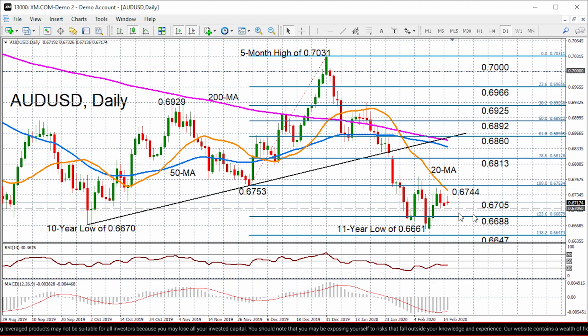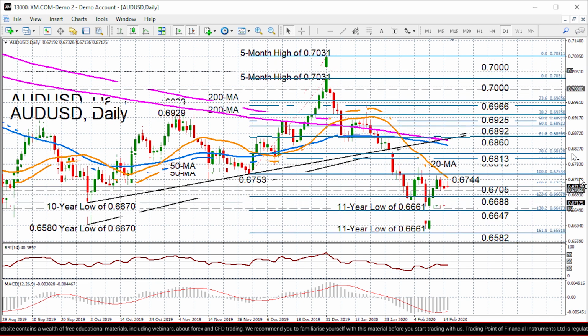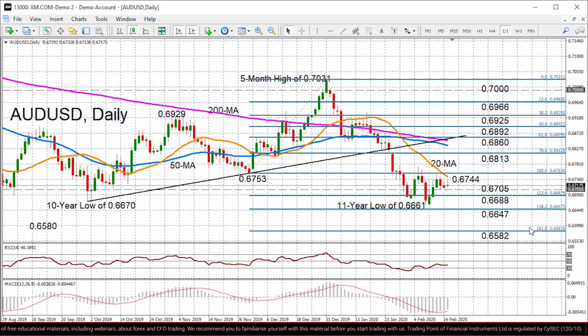If that happens, we could see prices initially struggling to hold on to the 0.67 handle, and we have seen the 0.6705 level being tested repeatedly in the past. Further down is that 11-year low of 0.6661, which if broken, we could then see the next targets being the 138.2 and the 161.8% Fibonacci extensions of that up leg from November to December.